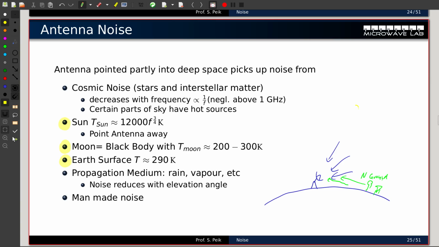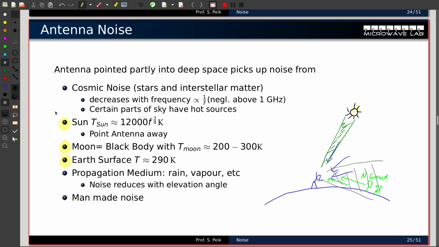However, the sun is fairly small. The angle it subtends is extremely small compared to the angle from other directions. That's why the noise picked up from the sun is negligible, unless you're pointing a high gain antenna directly at the sun.